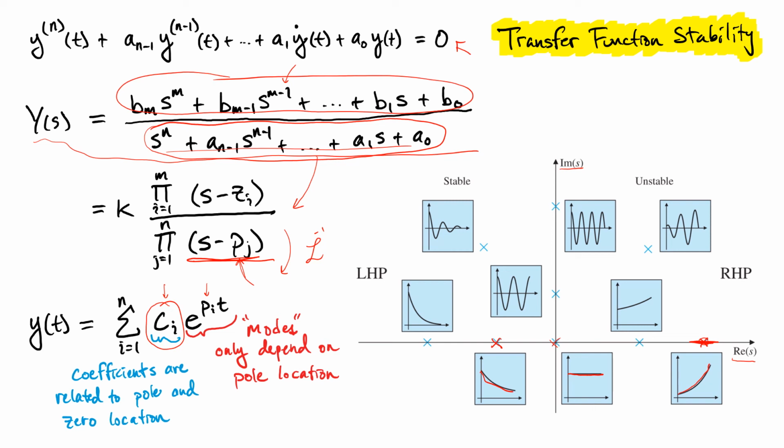But now that you can have 2 poles or 2 roots of this denominator polynomial, now you can get other more complicated behavior that comes out of complex solutions. So for example, here it's negative in its real value. The pole has negative real part, but it also has an imaginary part. And so that pole would yield this oscillatory behavior that you see here, but it's stable because it's slowly decaying away.